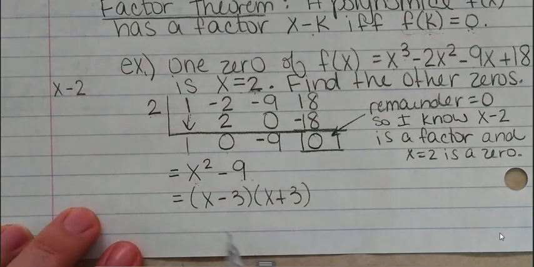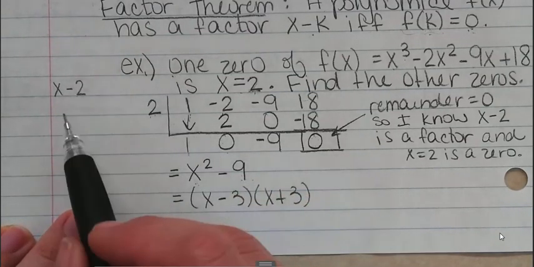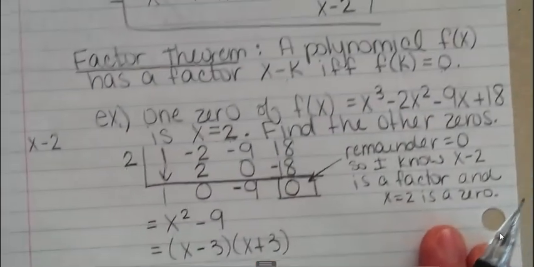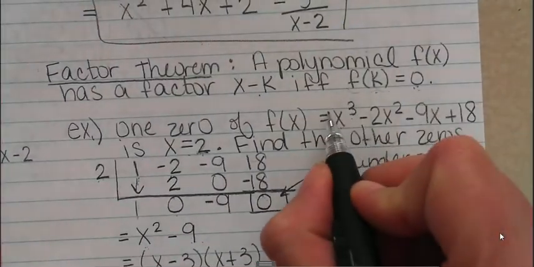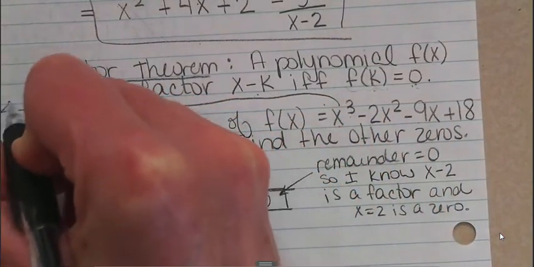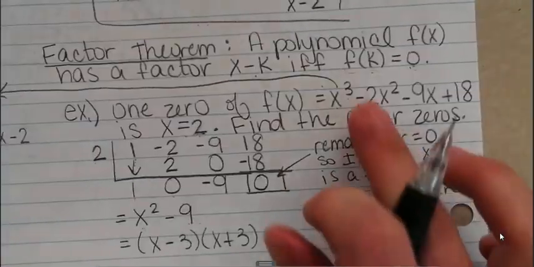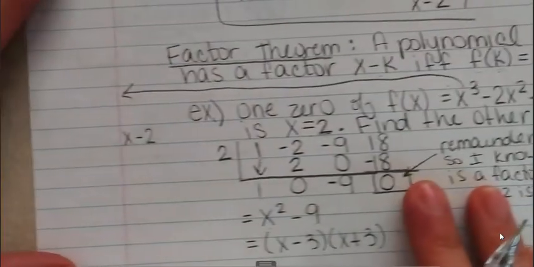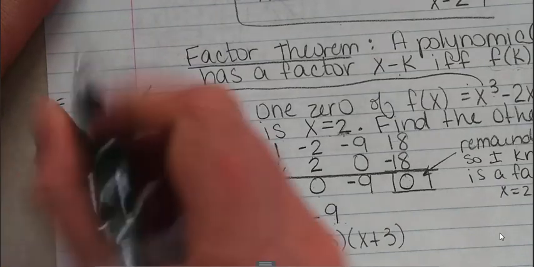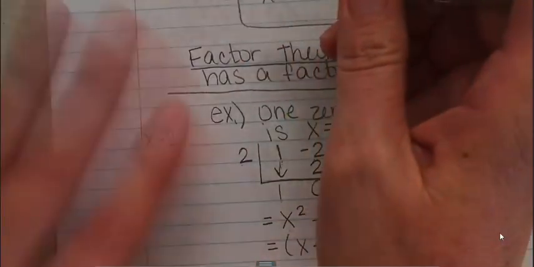Now if you wanted the complete factorization of this, you can't forget about your original factor, right? Your original factor here was x minus 2. So originally, this would have factored into, actually I'm going to do it right here, where I had already written the x minus 2.